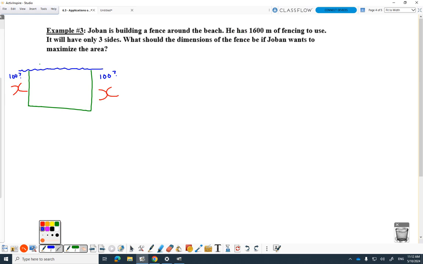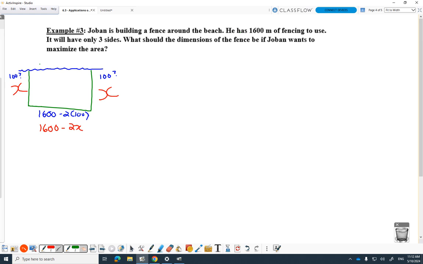This was supposed to be 1,600 minus 2 of the 100s. Back to my dramatic moment. If it's 1,600 minus 2 times 100, and my length instead is x, this is going to be 1,600 minus 2x.